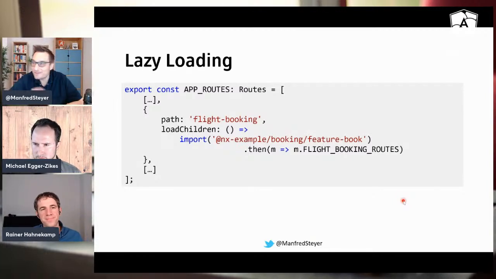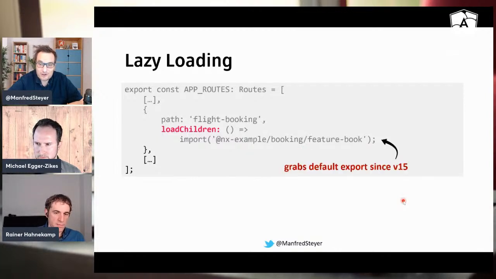And there is a nice add-on that also landed with Angular 15. You can get rid of this projection. If you export your routing configuration via a default export, then you don't need any projection anymore. Also, this makes it shorter. Of course, nothing I would call home about. However, I think that clearly shows that Angular is becoming more lightweight.